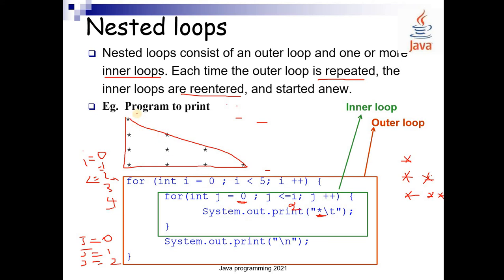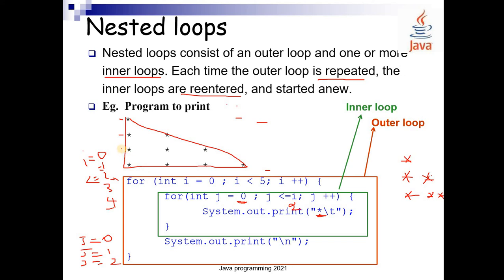So when i equals 0, 1 column, and that's what you can see here. When i equals 1, 2 columns, because the maximum value for j will be 1, and we have the values j equal to 0 and j equal to 1.